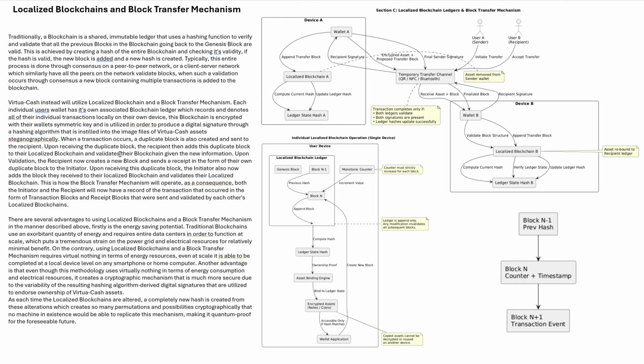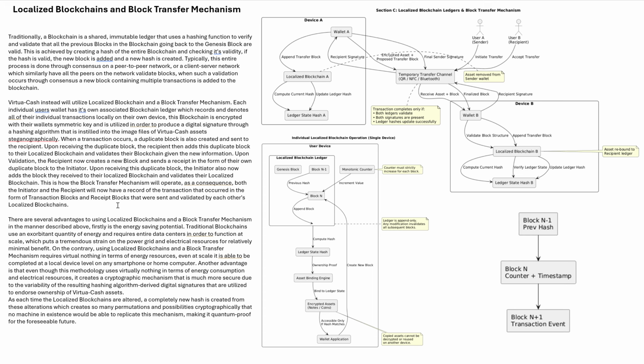When a transaction occurs, a duplicate block is also created and sent to the recipient. Upon receiving the duplicate block, the recipient then adds this duplicate block to their localized blockchain and validates their blockchain, given the new information. Upon validation, the recipient now creates a new block and sends a receipt in the form of their own duplicate block to the initiator.